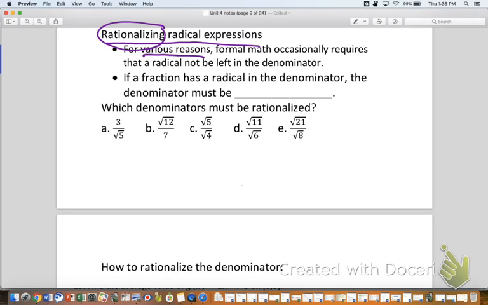There's two far more contemporary reasons. One of which has to do with programming, being able to manipulate expressions to get them into a form that's easier for a computer language to manipulate and read. The one reason that's probably the most in the forefront of my mind is next year when you guys take geometry, part of geometry covers trigonometry. Have you guys ever heard of cosine, sine, tangent, anything like that?